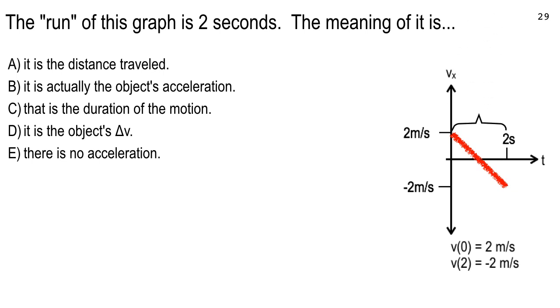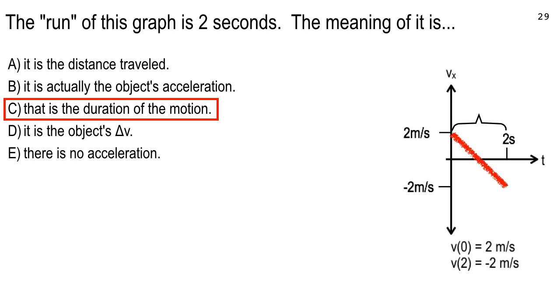And that's simply the duration of the motion. And that's the amount of time that Katie or Evan would measure. It's not the distance traveled. You know why? The run is not an area. It's a sideways distance on this graph. And on a velocity graph, it's the area that corresponds to a distance.